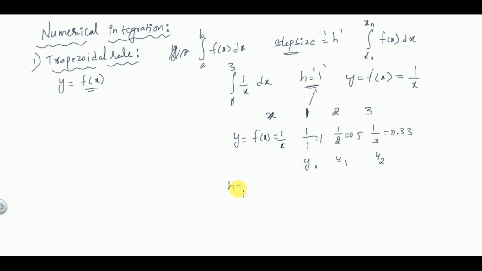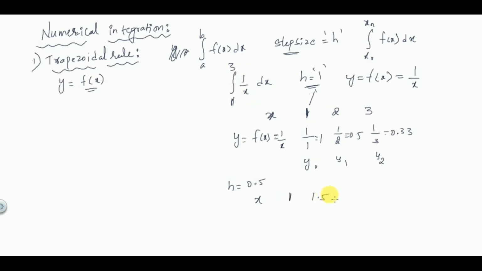If the step size is given as 0.5, you take the values of x starting from the lower limit 1, with increments of 0.5 up to 3.